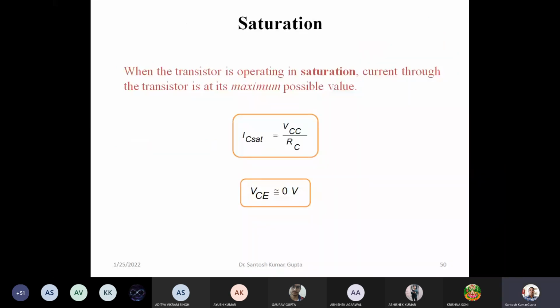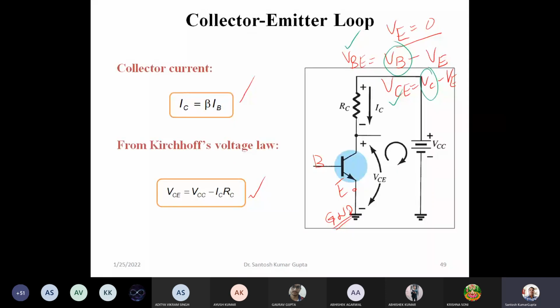This is important to understand that this relation IC is equal to beta times IB is valid only in the active region. So if our transistor is working in the active region of operation, then this is valid: IC is equal to beta IB.